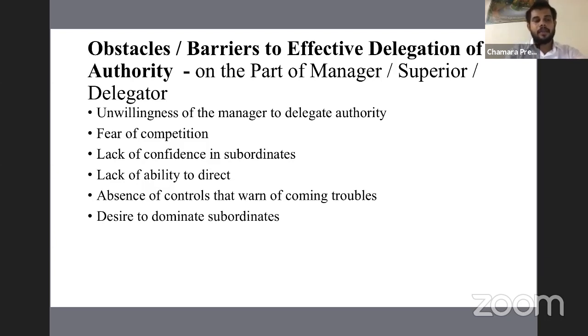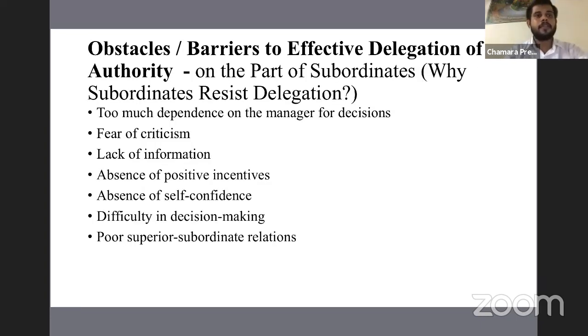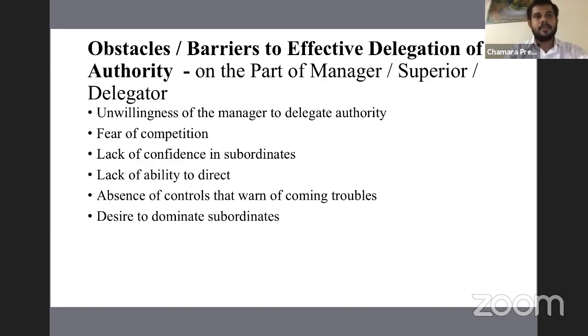This can be discussed in two ways: one is on the part of the manager or superior, and on the other side, the subordinates. Sometimes managers don't like to delegate or share their authority with their colleagues and subordinates, and sometimes subordinates themselves don't like to get the authority.